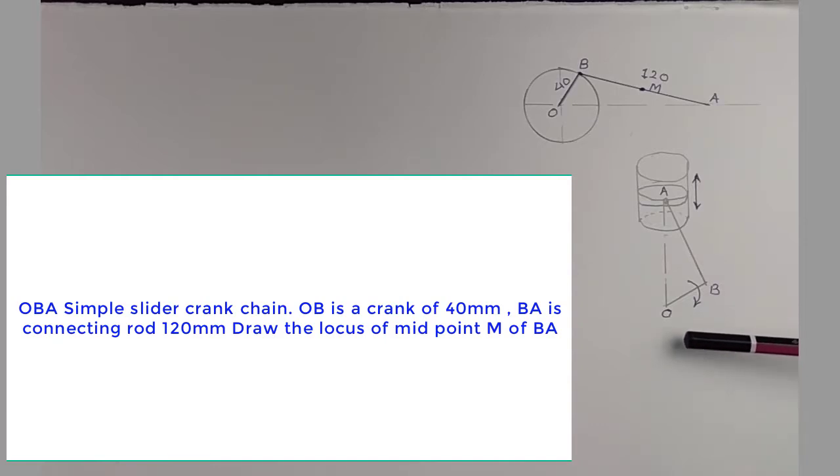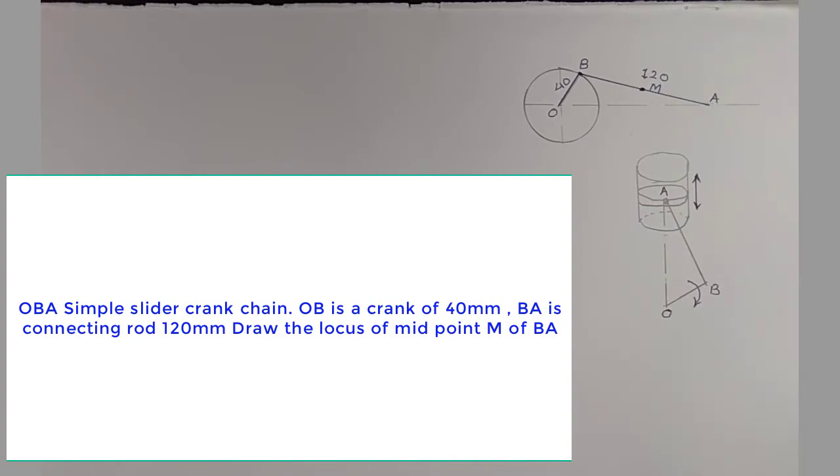Now here the center of the crank O and your slider point A are both on the same vertical axis, so we call it a simple slider crank chain mechanism.